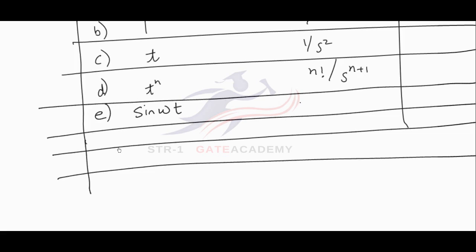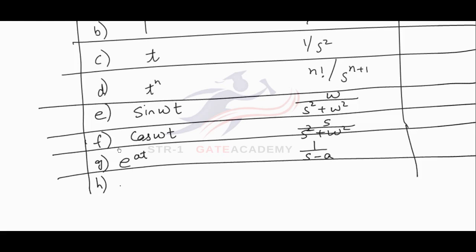Sine omega t is omega upon s square plus omega square. Similarly, cos omega t would be s upon s square plus omega square. Then e raised to at is nothing but 1 upon s minus a.